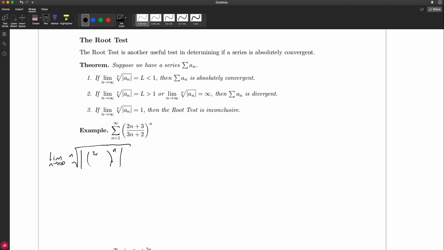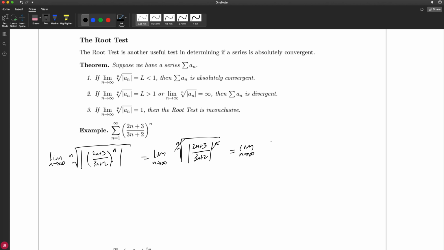And now rules of exponents tell us that this is the limit as n goes to infinity of the nth root, and now absolute values can move inside powers here. So this is 2n plus 3 over 3n plus 2, all to the n, right? And now the nth root and this nth power cancel. And that's why we usually see it applied in this context, when you have a whole expression raised to the n power.